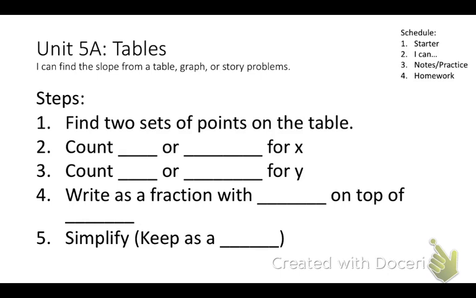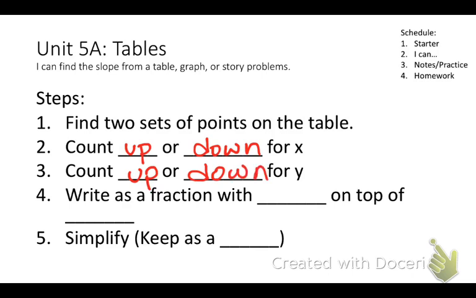Now this is where things get a little bit different. We need to count up or down to find the change in our Y and the change in our X. We have to make sure that we keep them separate, and I'll show you how to do that in just a second.